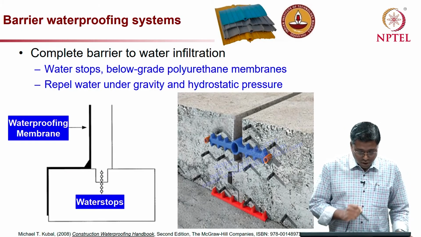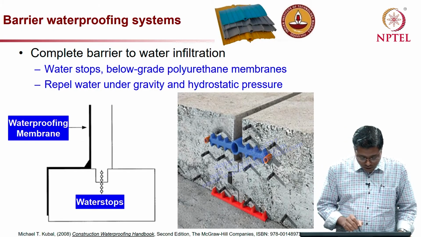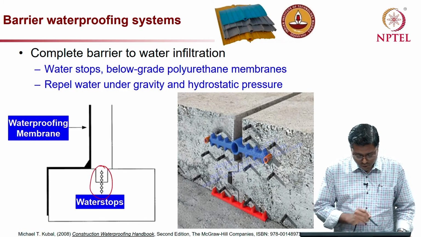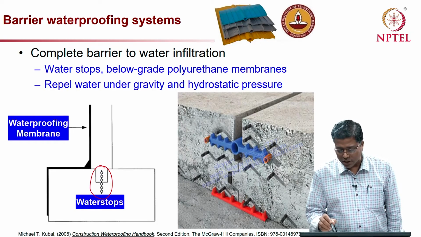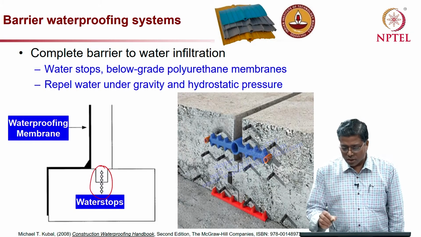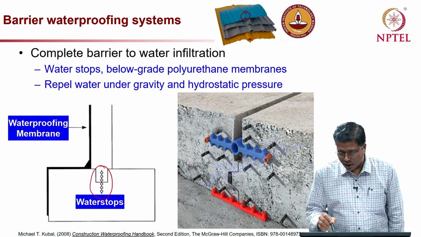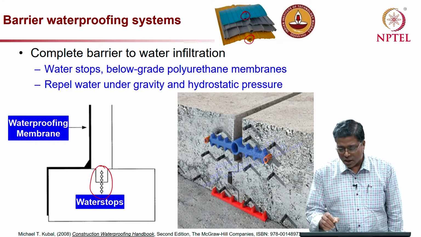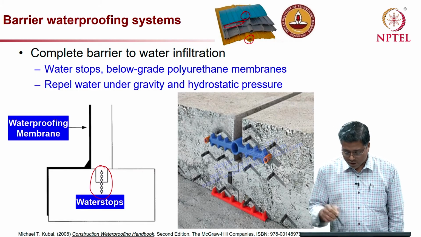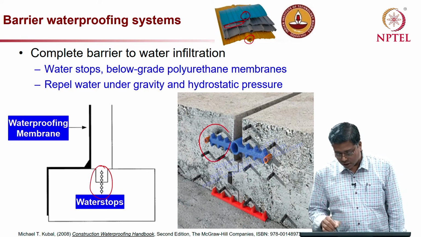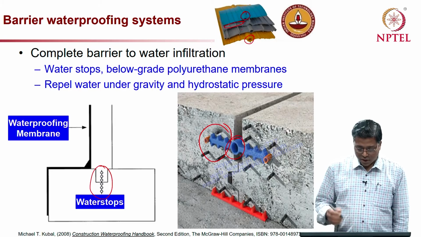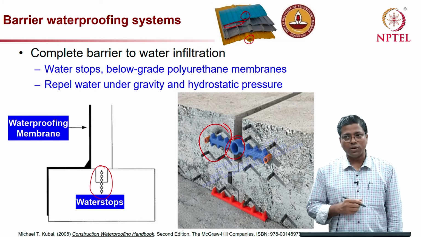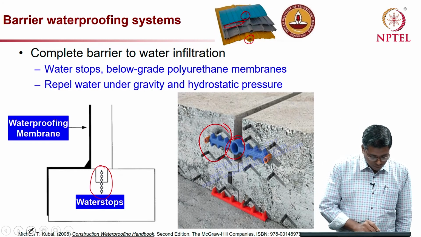And also water stops are something which are becoming more and more popular. As you see in the photograph on the top right, you can see different types of water stops. This has a bulb, this one is slightly larger, and a lot of ribs. So, we will show you some photographs. You can see here ribs and then bulbs. These are different types of water stops available, which will help prevent water entry.